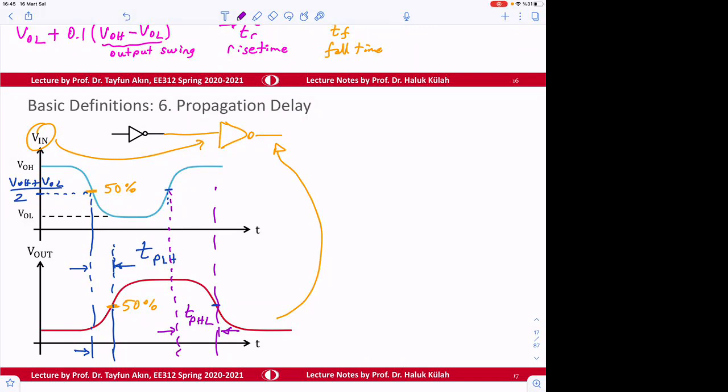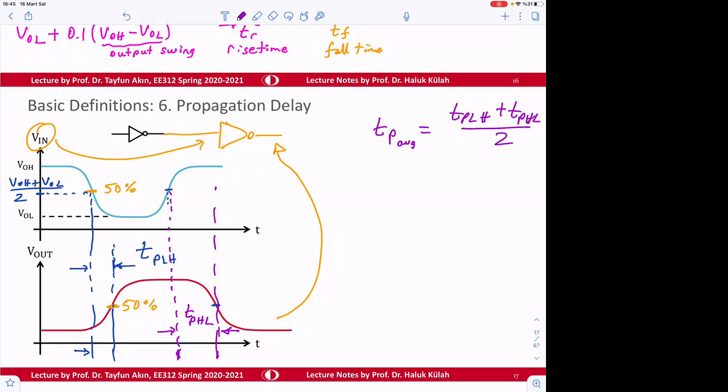Okay, so once you find those, you can either find the average propagation delay, or you have to consider the worst case operation. Worst case means this, the longer one, is the worst case. You can either calculate T propagation average as T propagation low to high plus T propagation high to low, divided by 2.